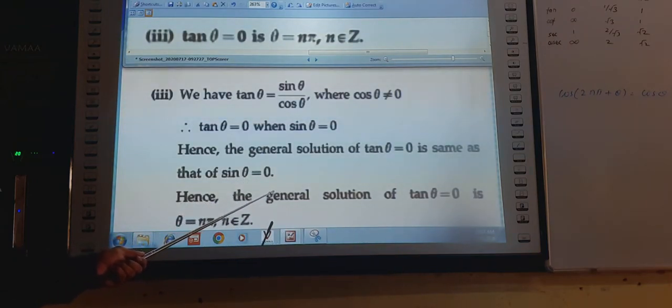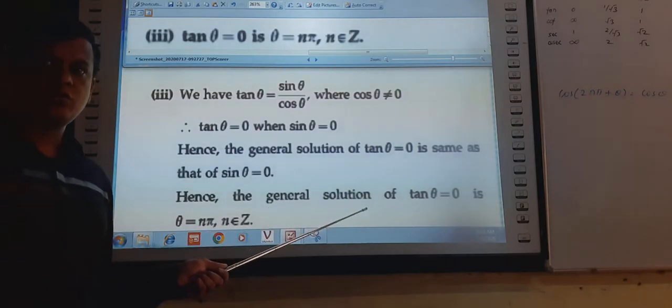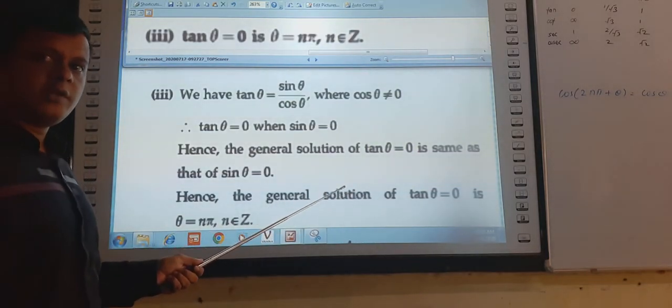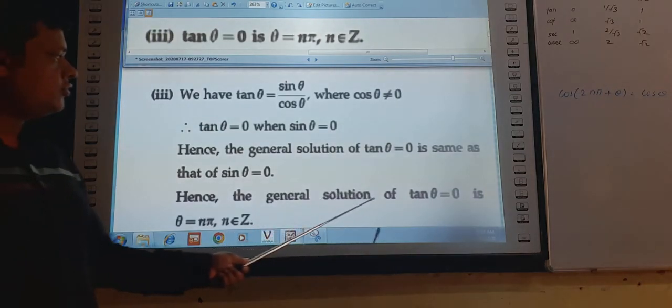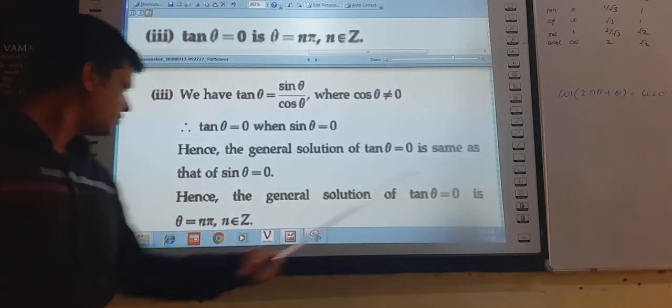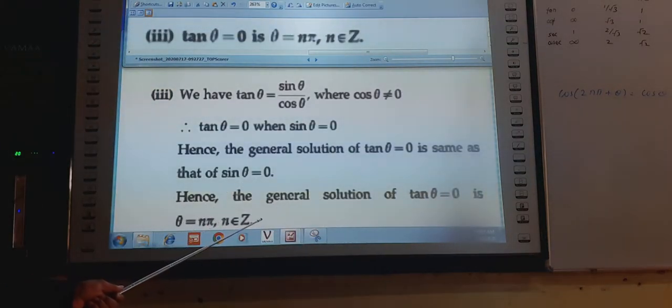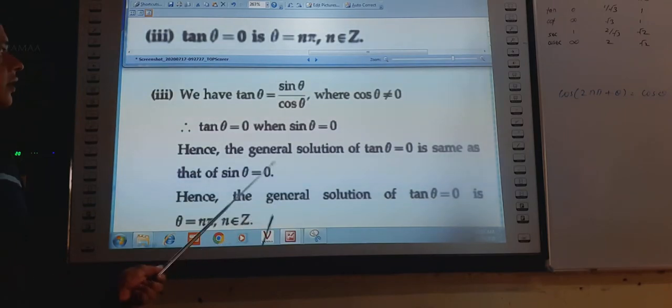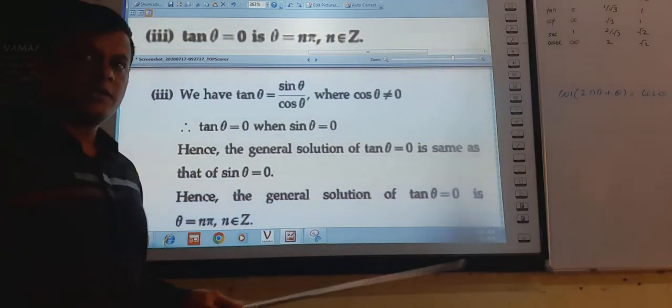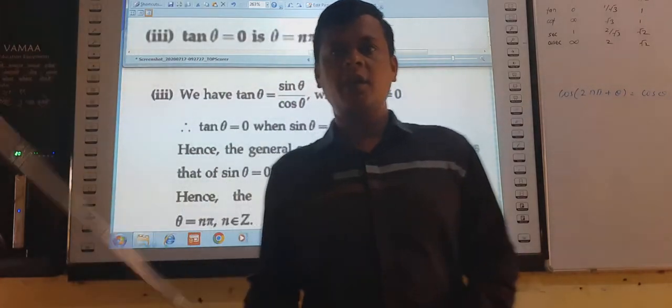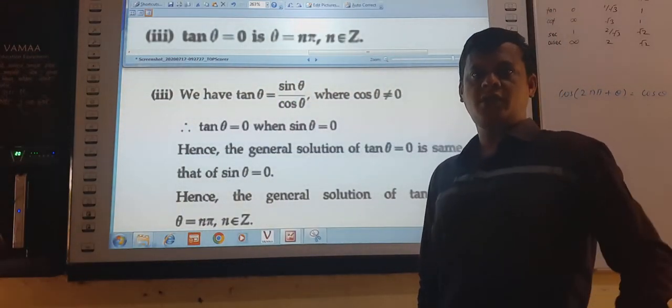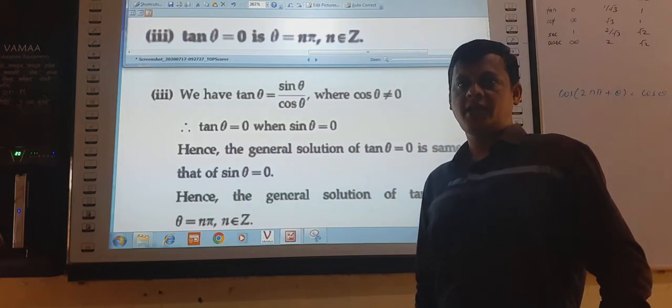So we know that for sin theta equals to 0, general solution is theta equals to n pi. Hence the general solution of tan theta equals to 0 is theta equals to n pi, n belongs to z. In this way we see the general solutions for sin theta equals to 0, cos theta equals to 0 and tan theta equals to 0.